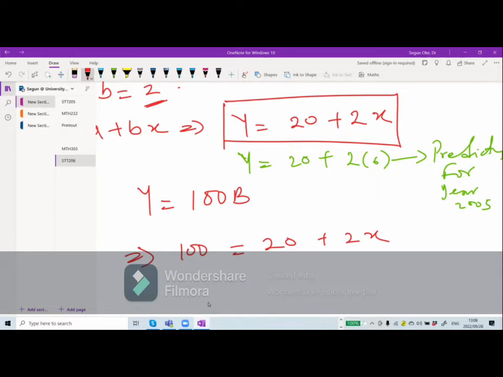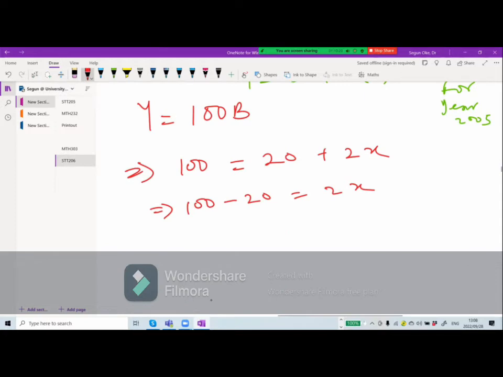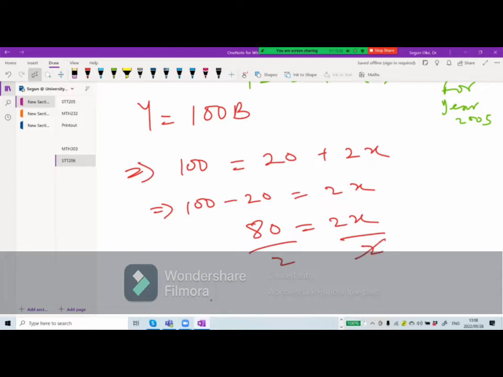So all I need to do is this: 100 minus 20 equals 2x, which equals what? 80 equals 2x. Divide both sides by 2. 40. This one cancels this. Our X is equal to what? 40.